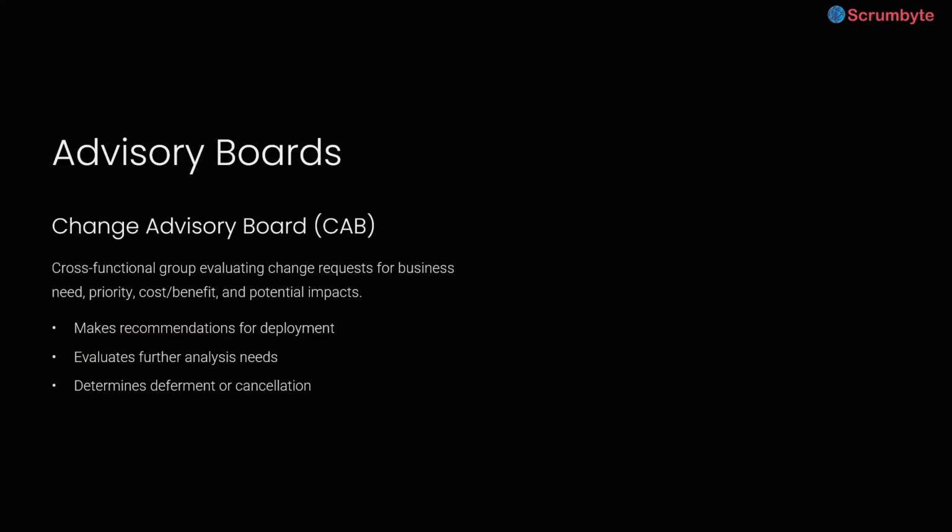So it can be somebody from purchase, somebody from sales, somebody from IT, somebody from infrastructure, and so forth. They are the people who are going to finally make a decision whether a change needs to happen or not. Such a grouping of people is called a change advisory board.